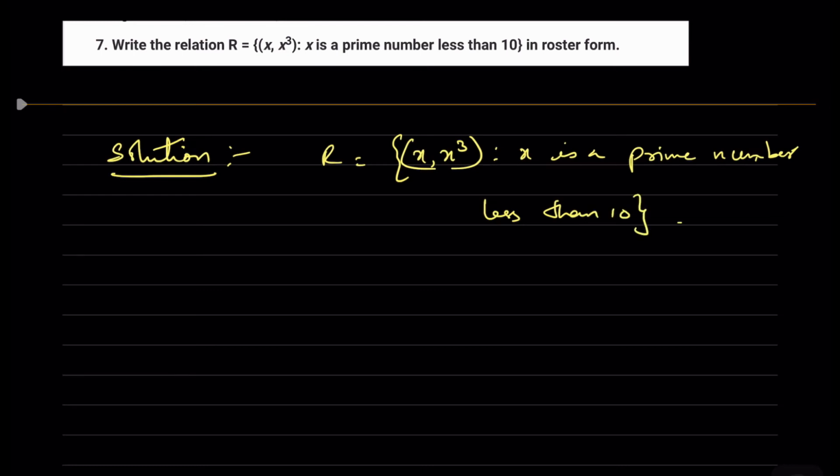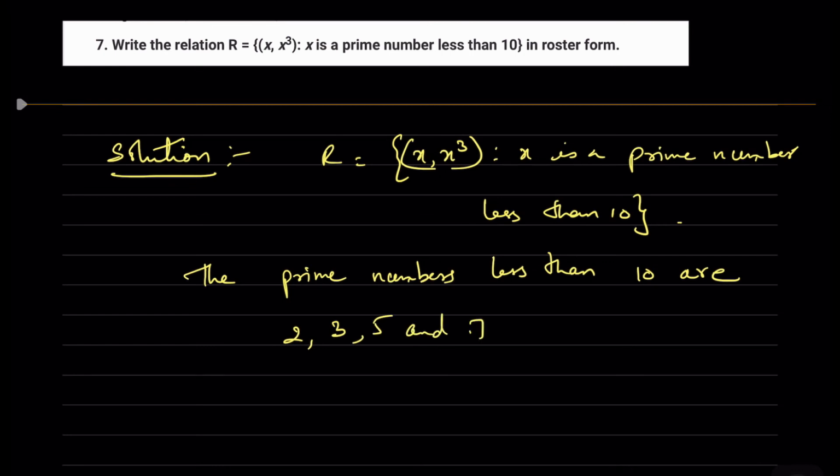So now we'll write down all the prime numbers less than 10. The prime numbers less than 10 are 2, 3, 5 and 7.